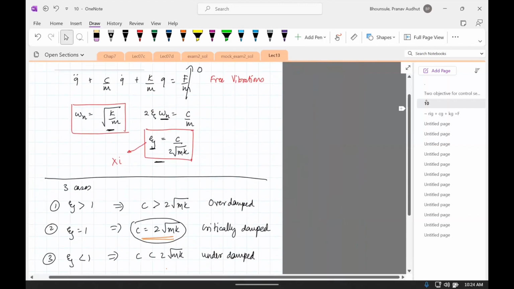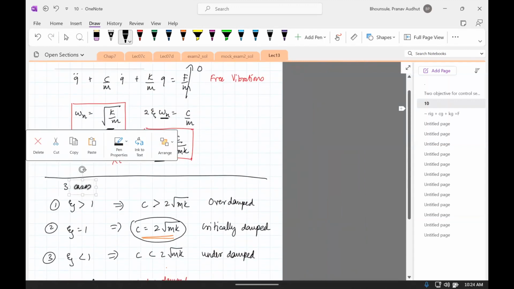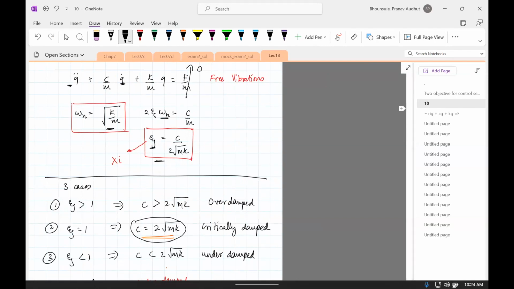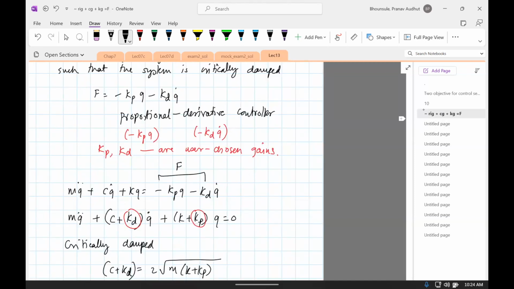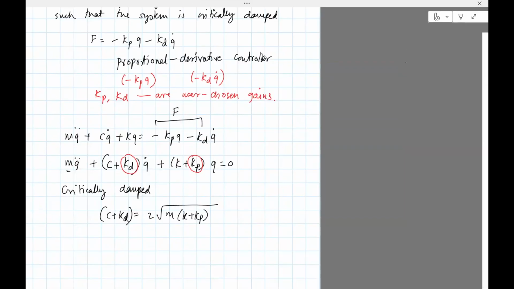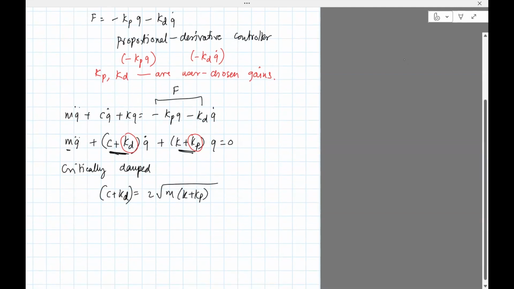Where's that? Here. This c was whatever is in front of q dot, and this m was whatever is in front of q double dot, and then k was here. So I just do the same thing here. I just picked up m, c plus kd, and k plus kp. This is similar to c equals 2 square root of mk.